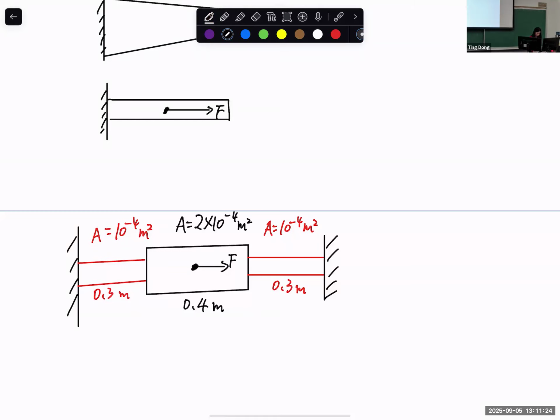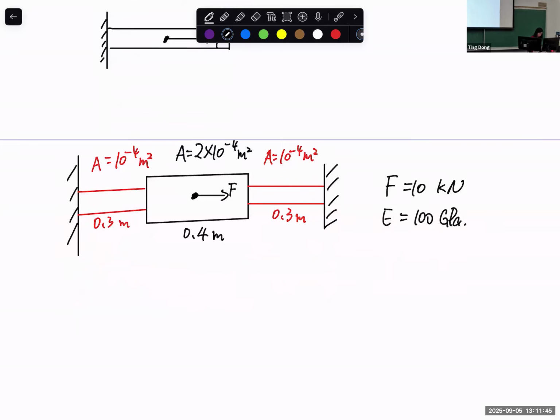What else? The force applied is equal to 10 kilonewton. And the Young's modulus of the entire structure, even though the cross sections differ, the material is the same. So Young's modulus is 100 gigapascal. So we need to calculate the displacement at the center.